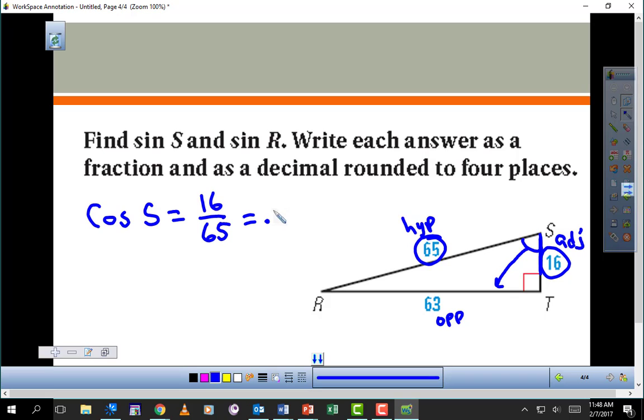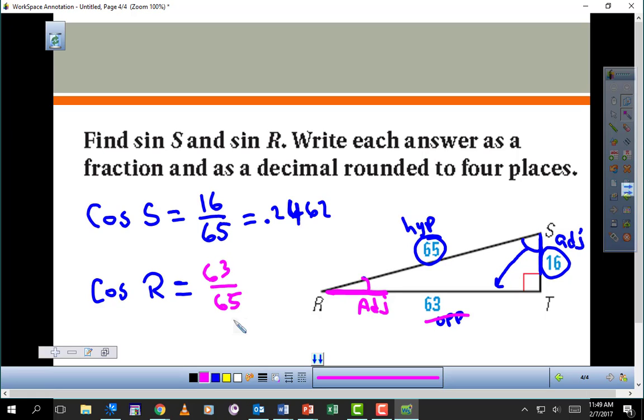We did this calculation already: 0.2462. And then the cosine of R, well, in this case, we're looking at this angle over here, and the adjacent side is the one that's going to be touching it. So this is the adjacent side now. And then the hypotenuse is still the same. So in this case, we'd have 63 over 65.